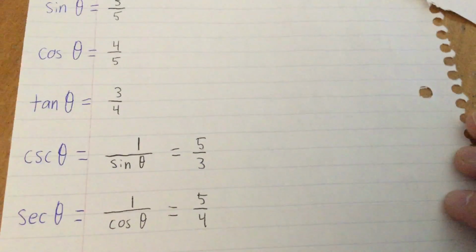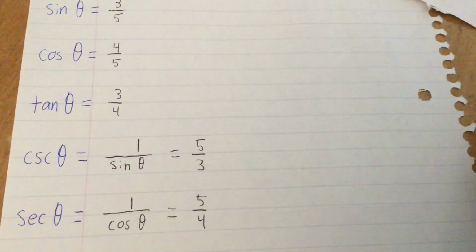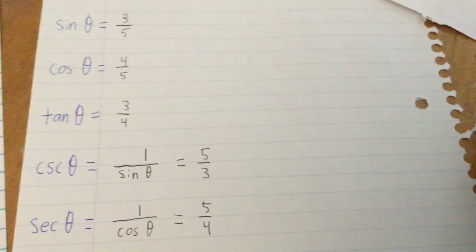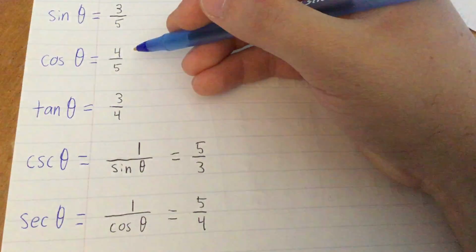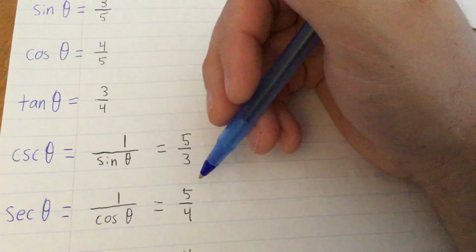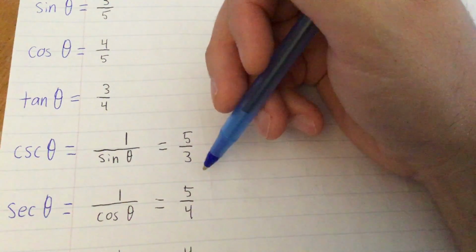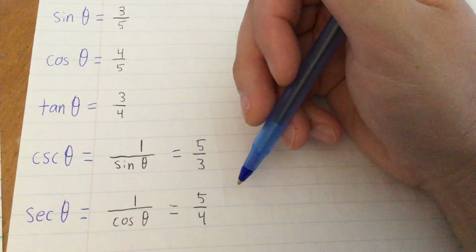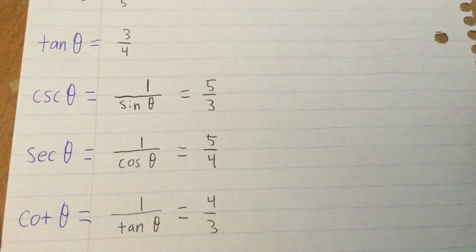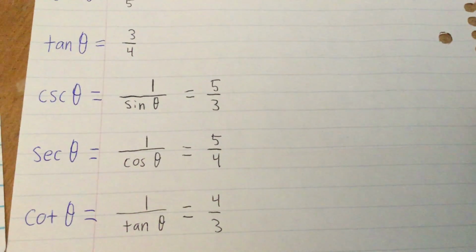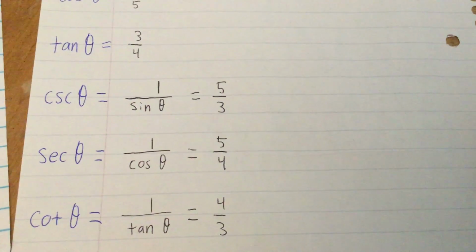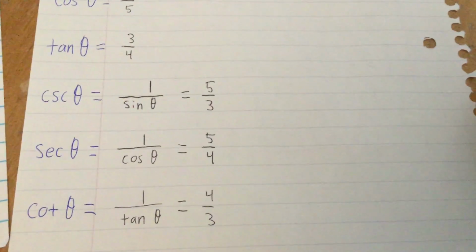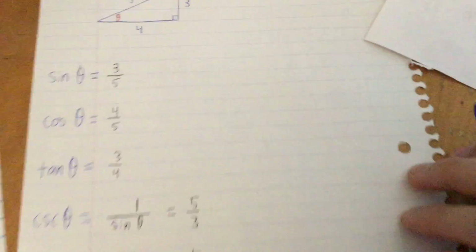Since the secant is the reciprocal of cosine, secant is equal to 1 over cosine, that means that the cosine of theta is 4/5. That gets flipped to become secant is equal to 5/4. And finally, the cotangent, which is the reciprocal of tangent. Cotangent is 1 over tangent. That means that the cotangent of angle theta should be 4/3.